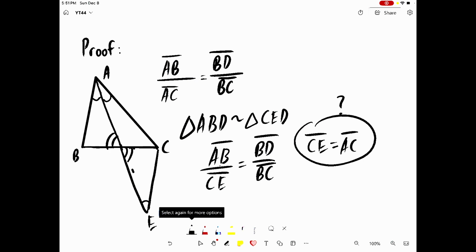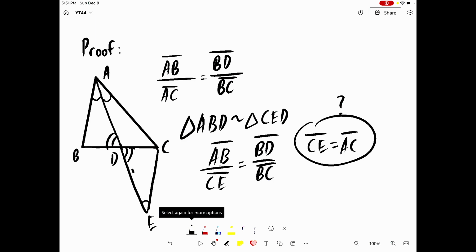The answer to that is in fact quite simple. If you look at it, angles DAC and CED are both equal to each other. So that means the corresponding sides, AC and CE, are equal to each other. Or if you think that's kind of a shortcut, well, it is: if two angles are equal, that's an isosceles triangle.